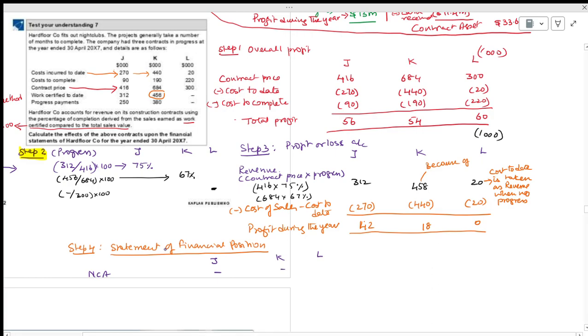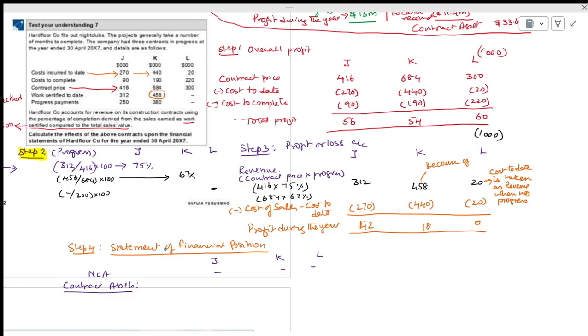You will get the contract asset. Contract assets are nothing but revenue minus cash received, which is equal to receivables. We are not saying this in black and white, but it is understandable. You have complete revenue, you have received cash as progress payments, the balance is receivable.